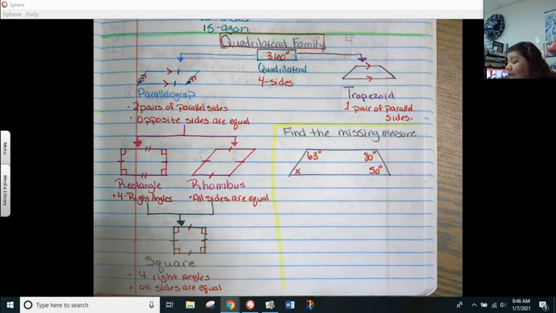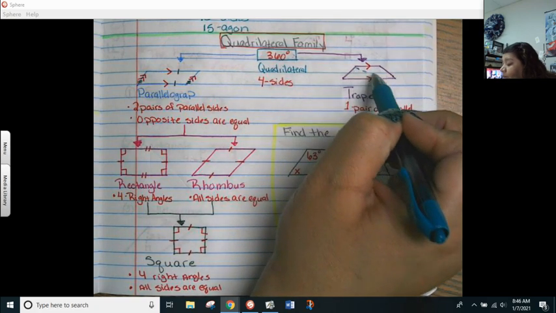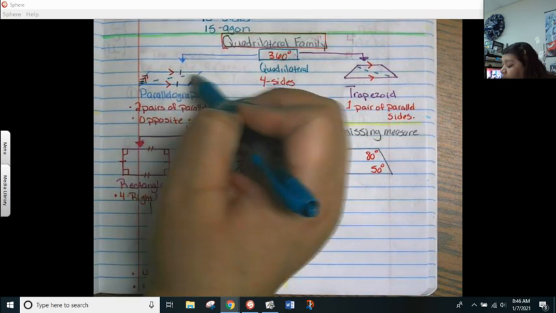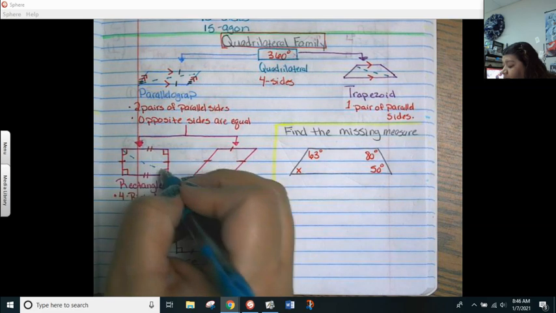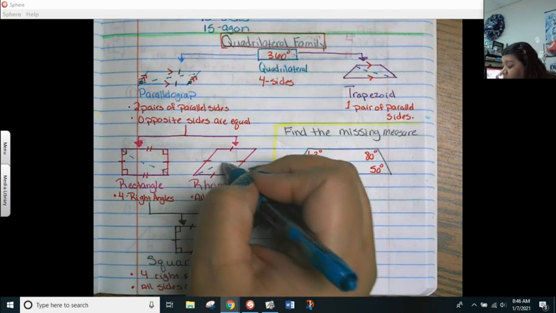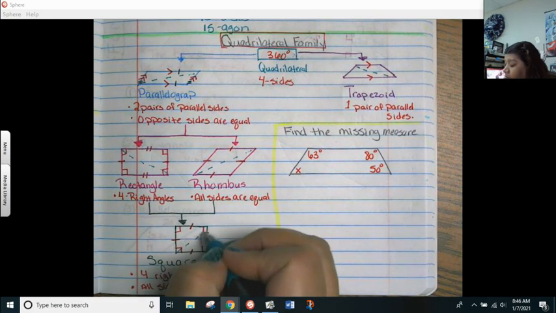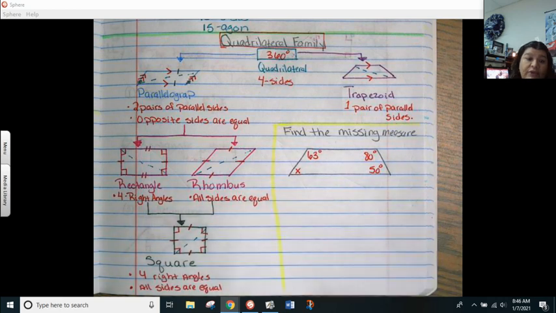And that is because all these quadrilaterals, if you look, are made up of 2 triangles. And as we know before, 1 triangle equals 180 degrees. Well, what does 2 triangles equal? 360. No matter what I do, all the quadrilaterals have 2 triangles.